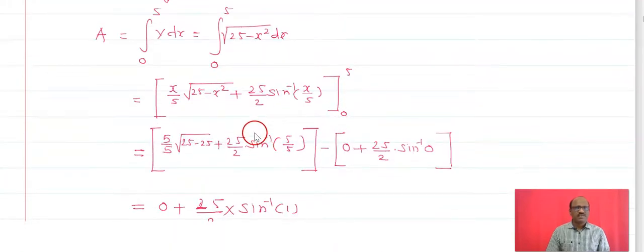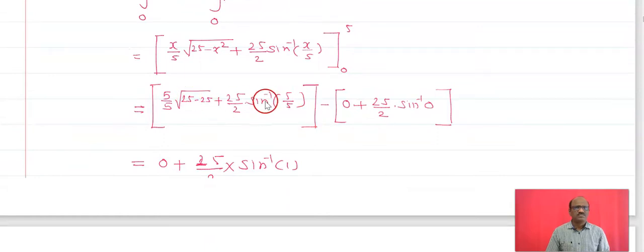Now replace x by 5. Then you will get 5 upon 2 under root of 25 minus 25, plus 25 upon 2 sine inverse of 5 upon 5. Replace the value of x as 0. If we substitute x as 0, the first term will be totally 0, and the sine inverse of 0 is 0.